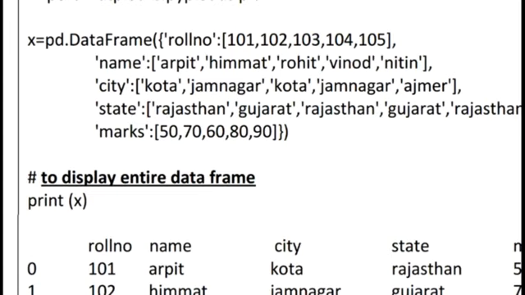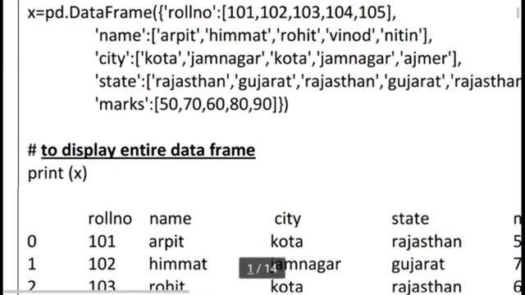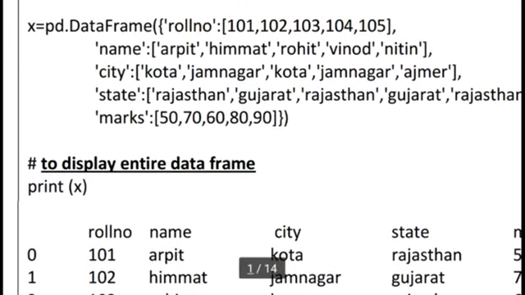So you can see a data frame combines multiple concepts: we use the dictionary concept, and because a dictionary key has several values, we also use a list. Our previous topics work together. Then finally we use a comma. In the third column we use city.